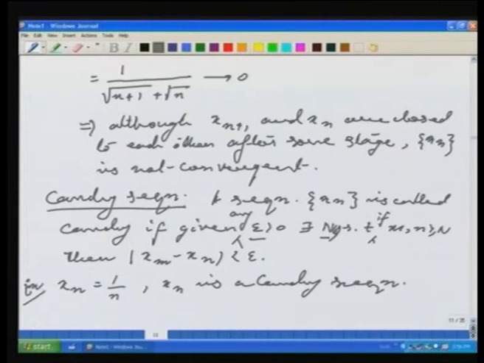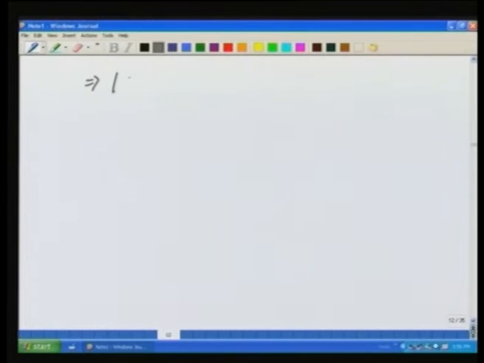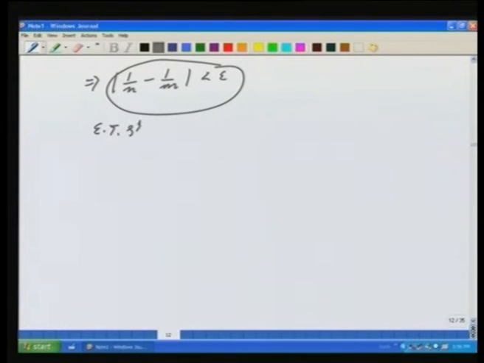How does this follow? I pick any epsilon bigger than 0. I have to find a stage capital N such that n, m bigger than capital N implies mod of 1 by n minus 1 by m is less than epsilon. This is my job. To make this less than epsilon, it is enough to show that 1 by m plus 1 by n is less than epsilon.